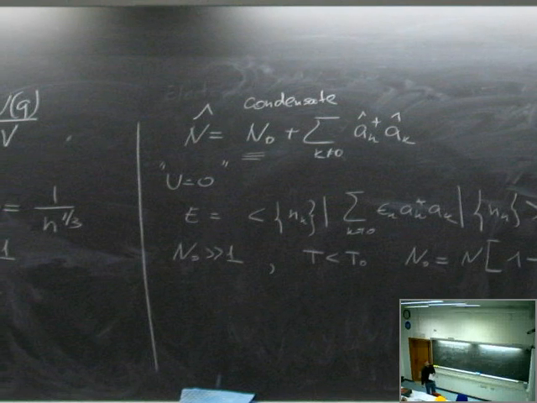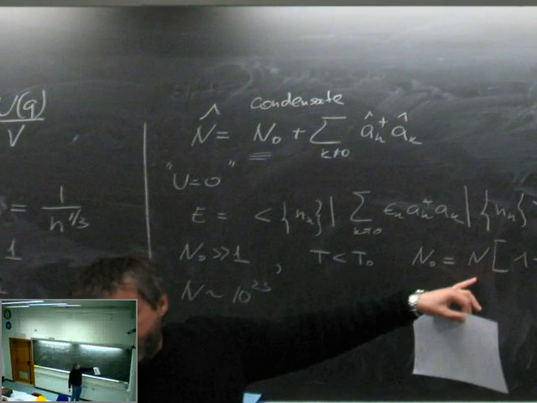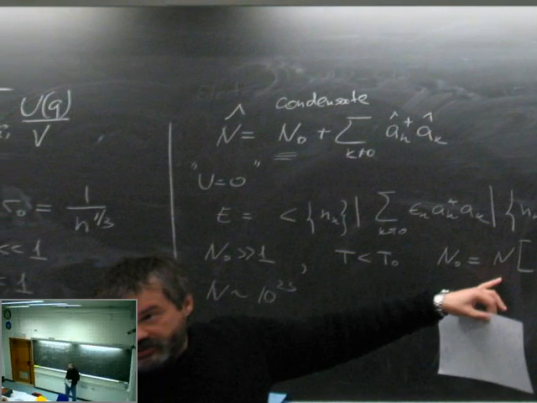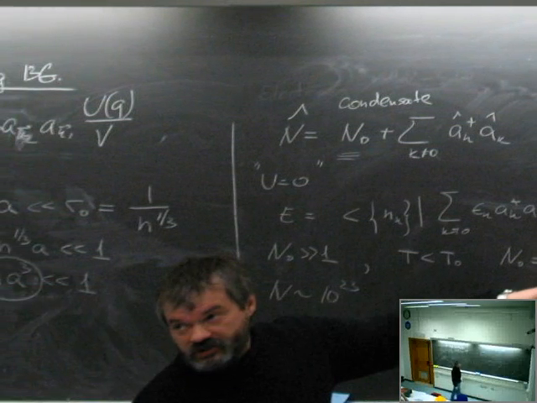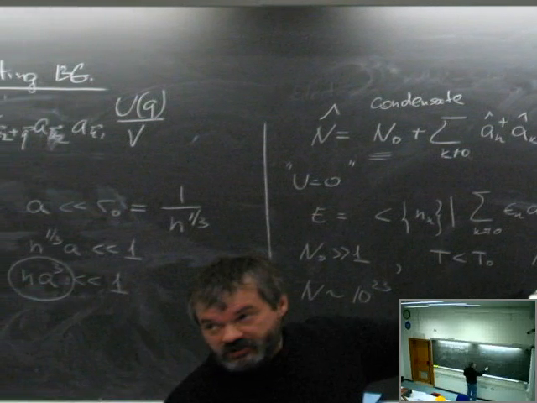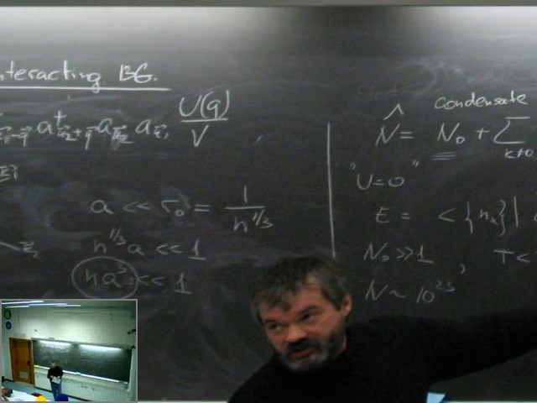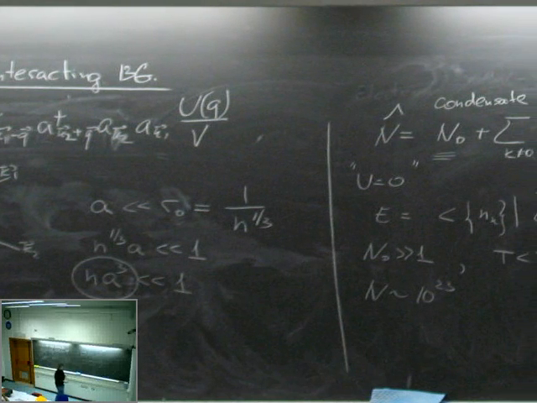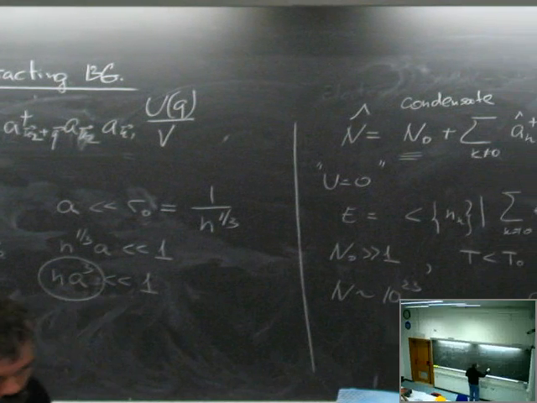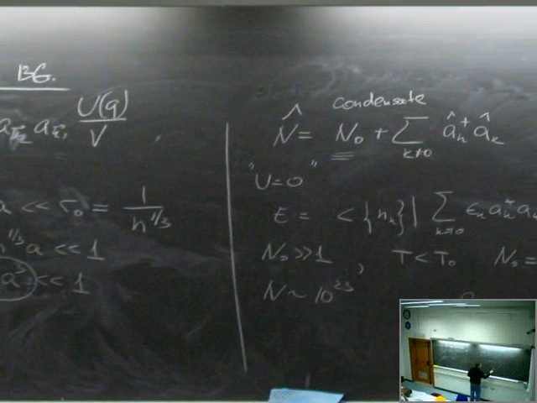So you see that even when the temperature is not too small compared to T_0, we still have a very large number of particles sitting in the condensate. Therefore, we can introduce operators characterizing creation and annihilation of particles, bosons, in the state k equal to 0, and we can say that a_0 is of the order of square root of N_0.